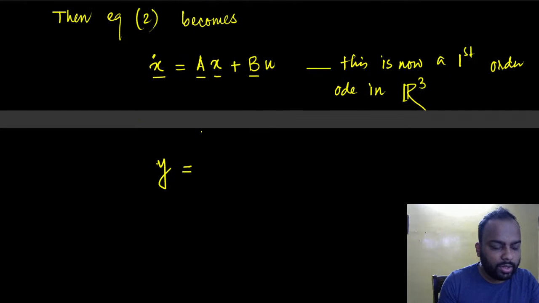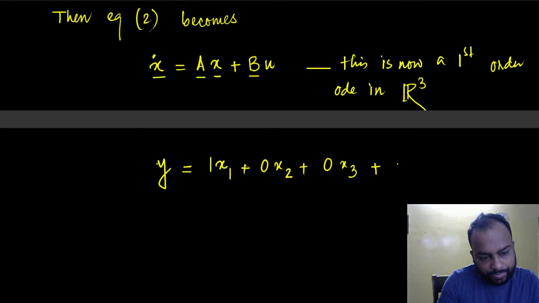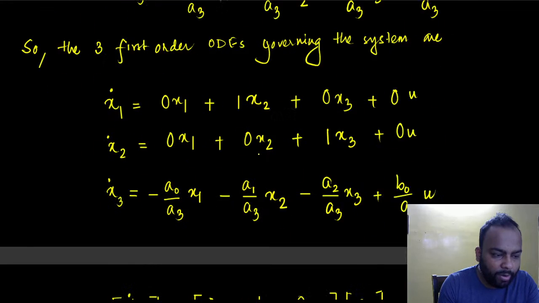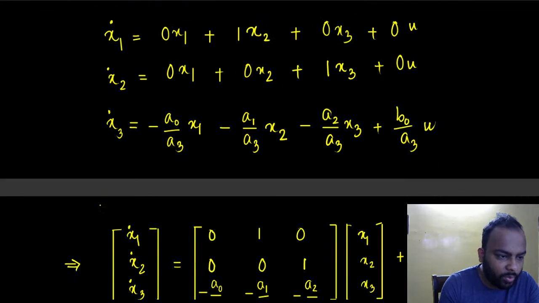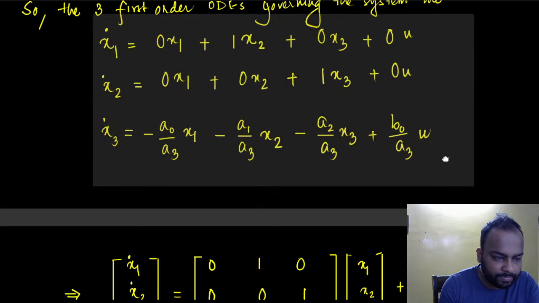All right, so what is y here? y is x1, but I cannot write x1 anymore. So x1 is nothing but 1x1 plus 0x2 plus 0x3 plus 0u. Really, on top of this, I would also need to write the other equation. What is the output?